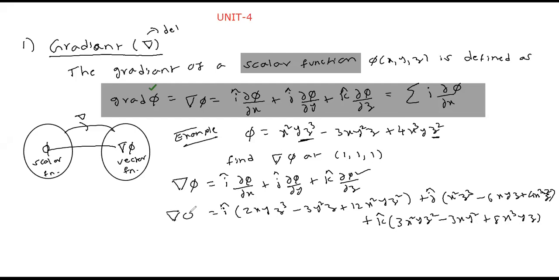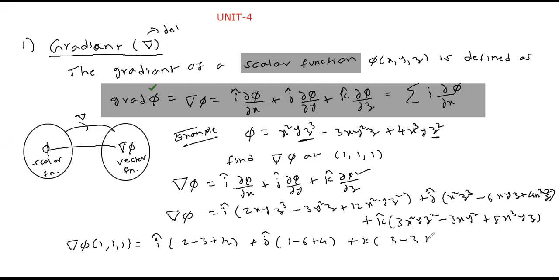Now at the point 1, 1, 1, simply substitute x equal to 1, y equal to 1 and z equal to 1. So this is i into (2 minus 3 plus 12) plus j into (1 minus 6 plus 4) plus k into (3 minus 3 plus 8).